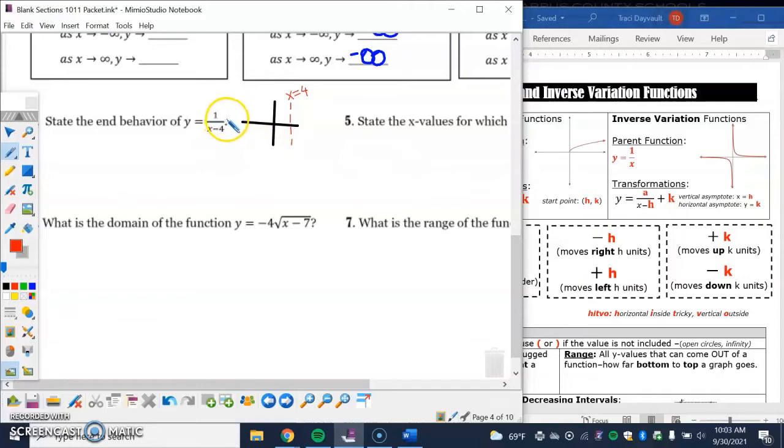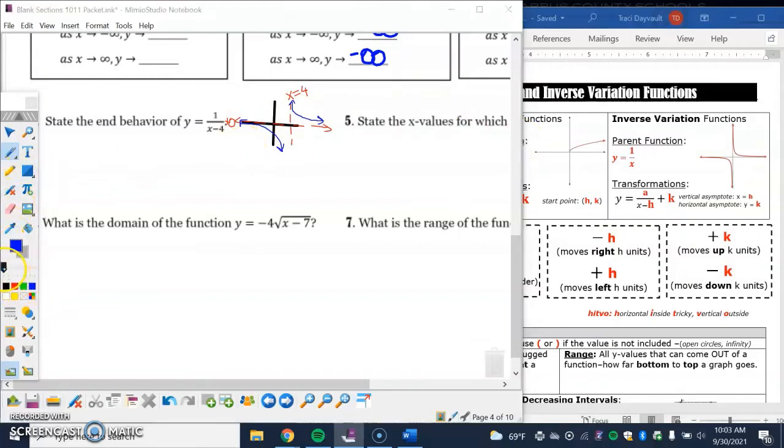Well, this doesn't have a k written, so what could be written out here? What could I add to this that wouldn't make a difference? Plus 0. So this has a horizontal asymptote at 0. So our rough sketch of this graph is going to look like this and like this. Okay, so it's just like this graph, except it would be shifted to the right 4.